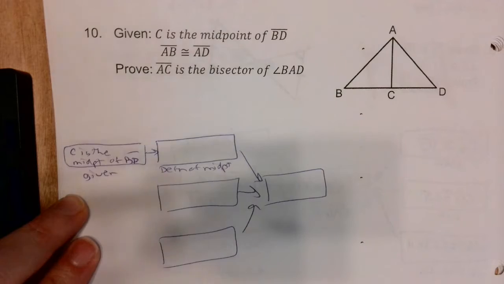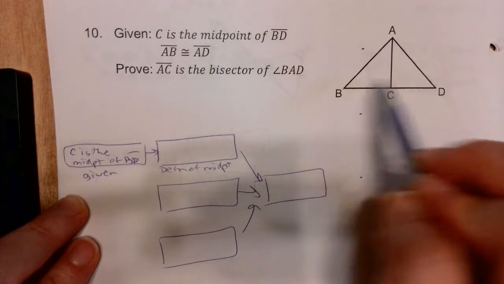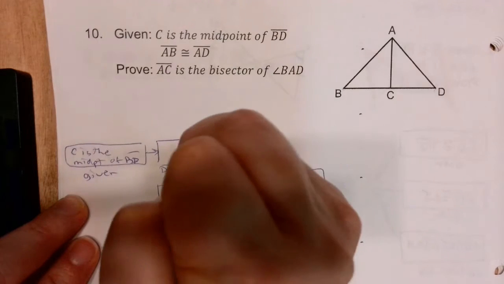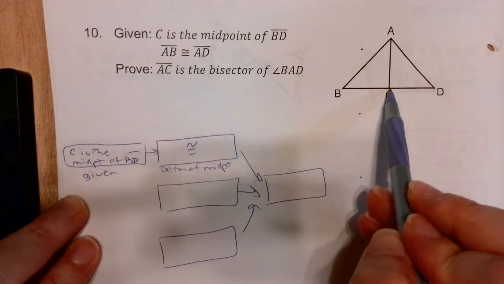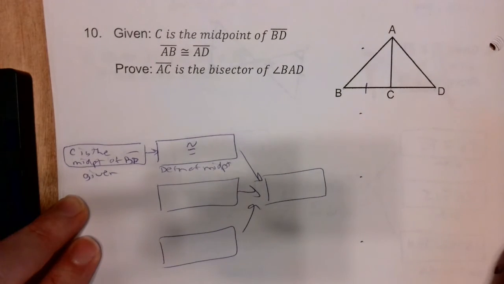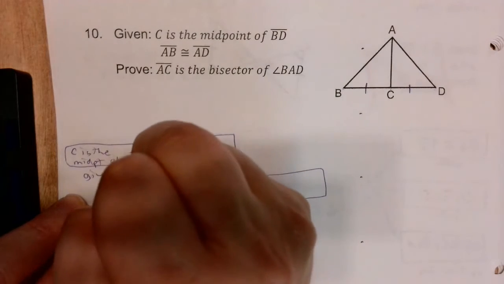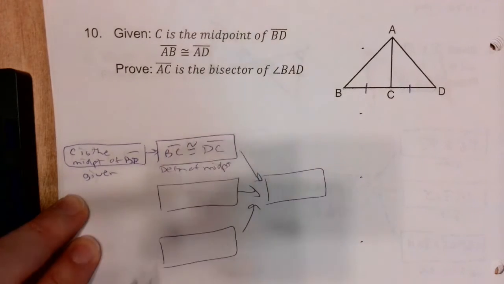So, let's see. C is in the middle of B and D. What two things must be equal if C is in the middle of B and D? BC must be equal or congruent to DC. BC and DC must be congruent.